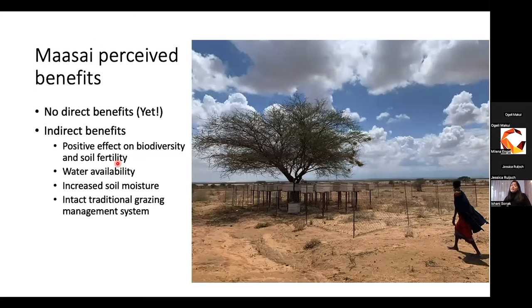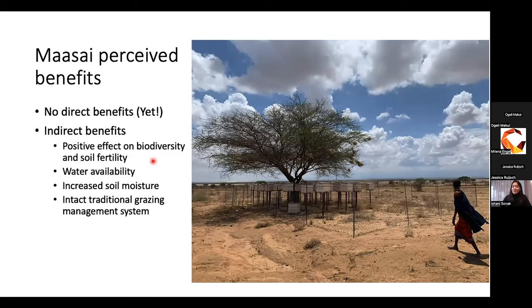Now, did the Maasai perceive benefits? What were the socio-economic benefits of restoration efforts? Well, at the time when I was there in November 2022, there were no direct benefits perceived yet. Nonetheless, there were several indirect benefits perceived by the community members.